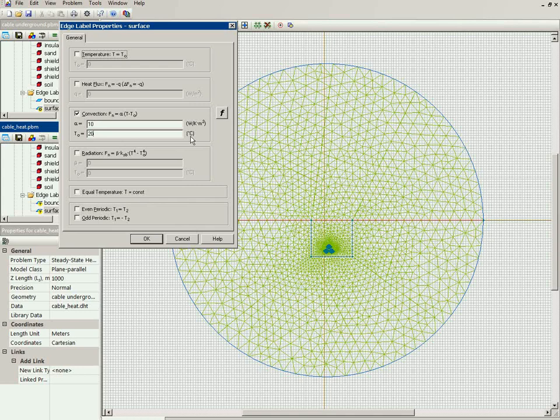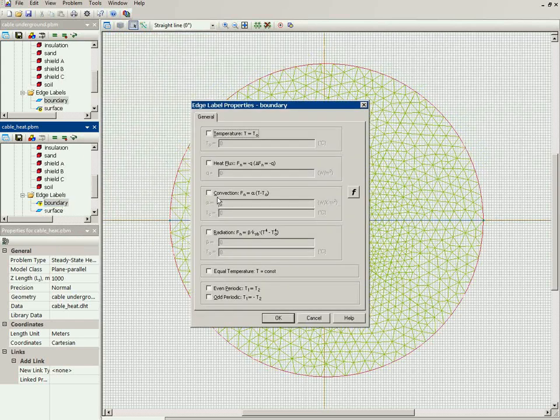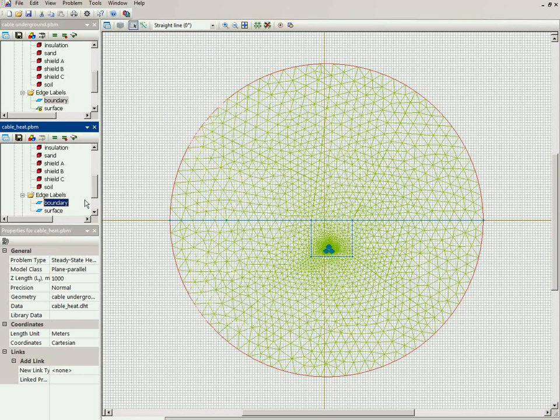You can specify temperature units to be Celsius, Kelvins or Fahrenheit degrees. And at this boundary far away, I believe that the heat flux is 0. Now the thermal problem is ready.